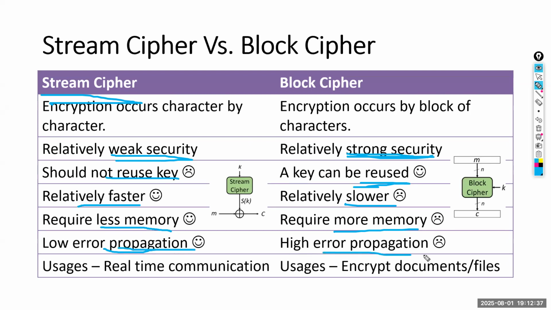But with blocks, if there's some error in one place, that affects not only that character, but the entire block. So stream cipher is good for real-time communication where you can't have any delay. But for general situations, block ciphers are always preferred.